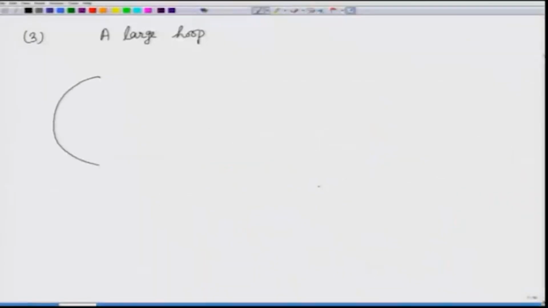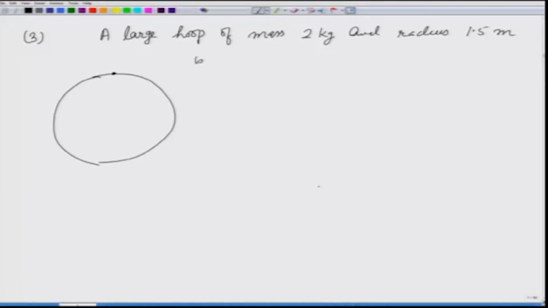So, there is a large hoop of mass 2 kilogram and radius 1.5 meters which is pivoted at a point on its periphery.